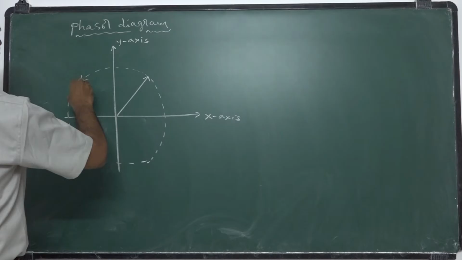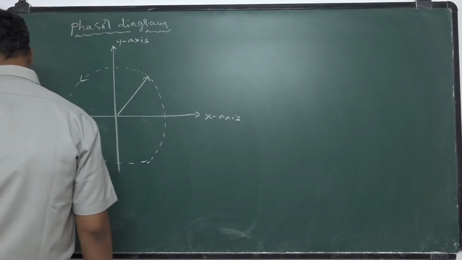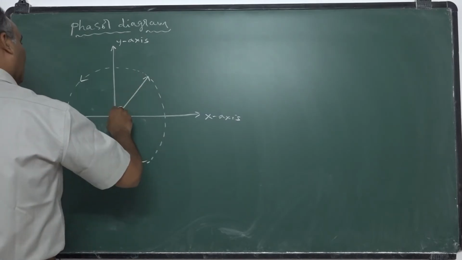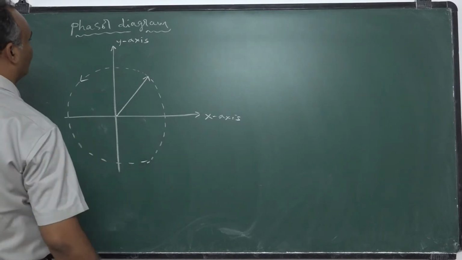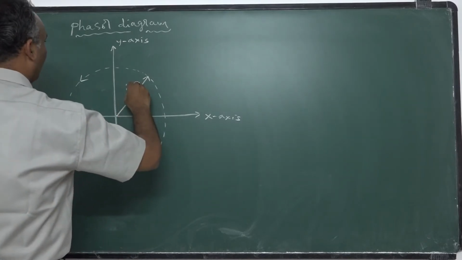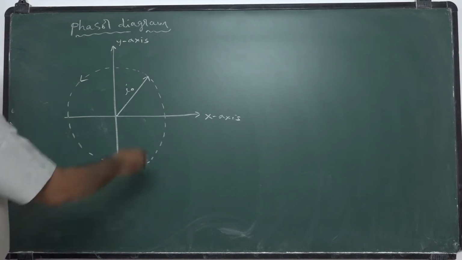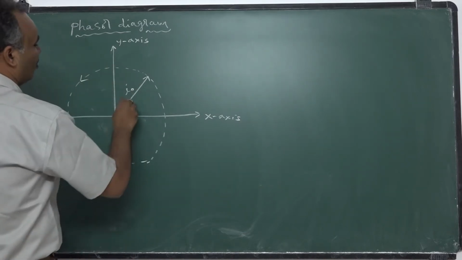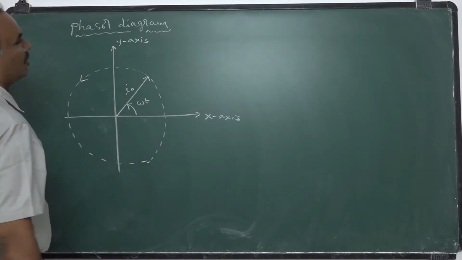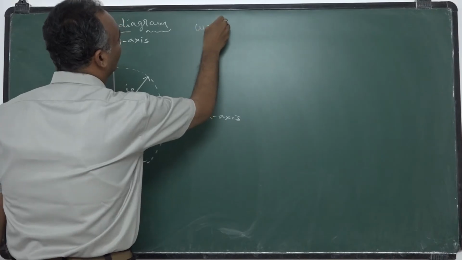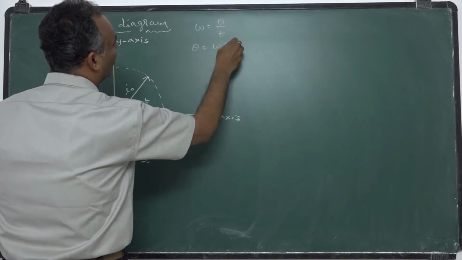And here the radius of this circular path, the length of this vector, is represented by the peak value of current, and it is rotating with angular frequency omega. You know that angular frequency is equal to angular displacement by time. Whenever we want angular displacement, it is angular velocity into time taken.